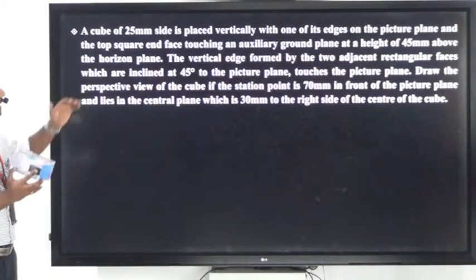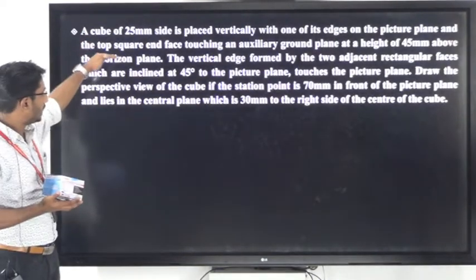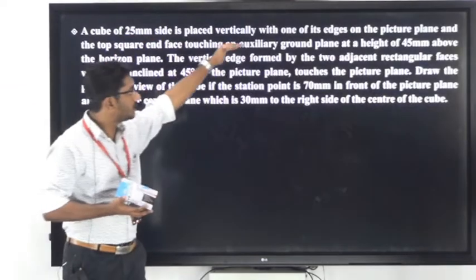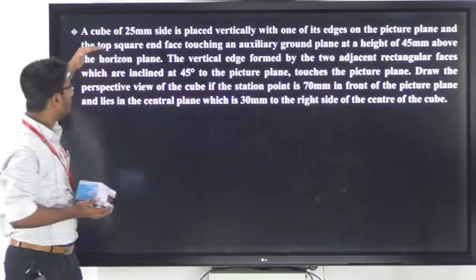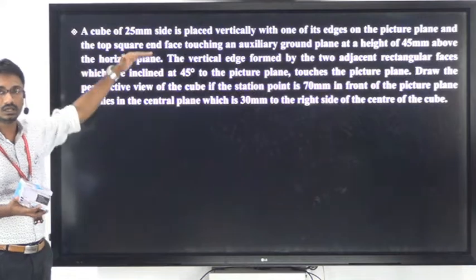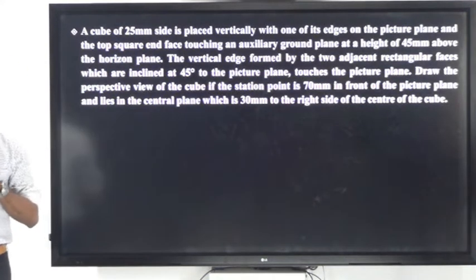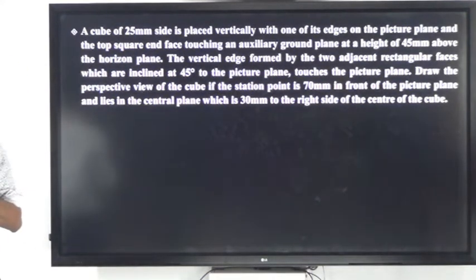So here it is given that we have a horizon plane, and we have an auxiliary ground plane which is at a height of 45 mm above the horizon plane. So what is the horizon plane? Horizon plane means a plane parallel to the ground plane that passes through the observer's eye.